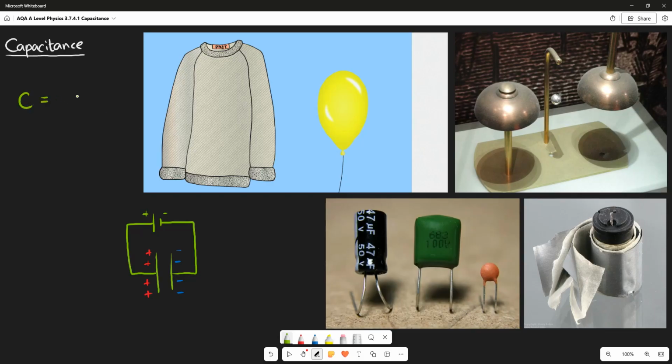Capacitance is the charge per voltage. So if we have a look at this circuit here, the voltage of the power supply is dropped across the capacitor, and the greater the capacitance of this capacitor, the more charge can be stored per volt.